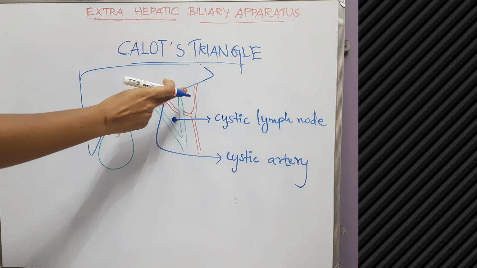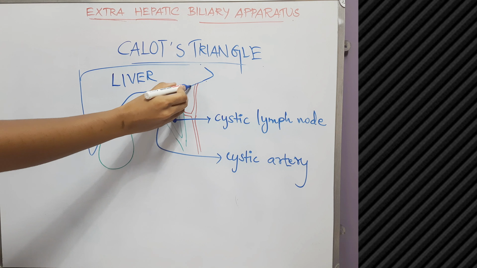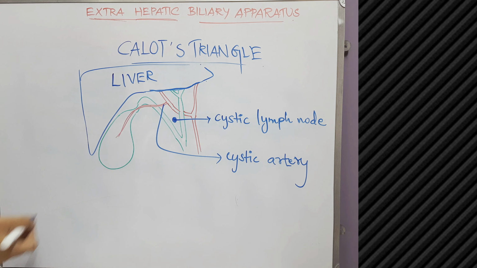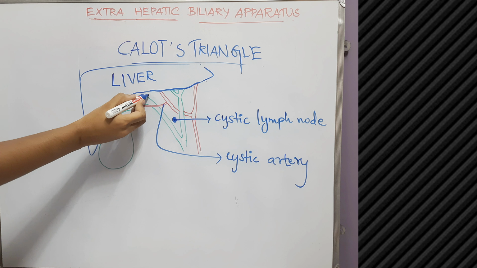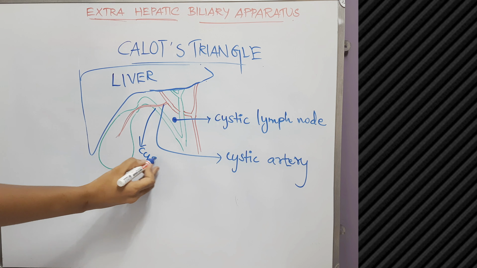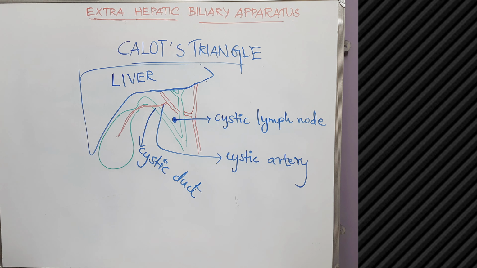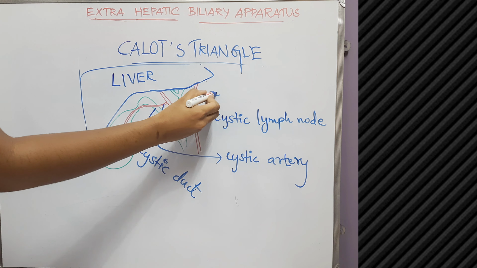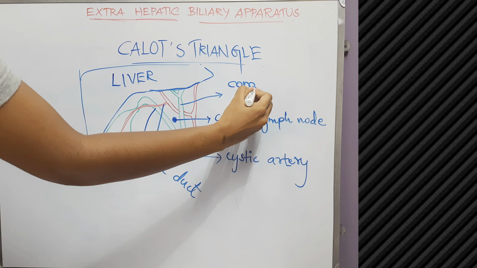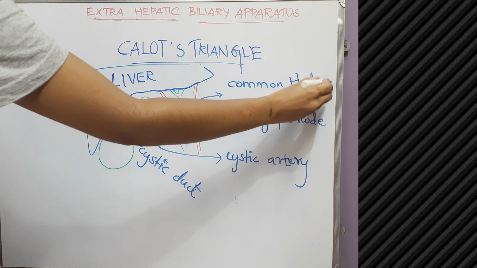Let's see about Calot's triangle. It has three boundaries and it is limited superiorly by the inferior border of the liver, and then laterally by the cystic duct, and then medially by the common hepatic artery which is formed by the union of right and left hepatic artery.